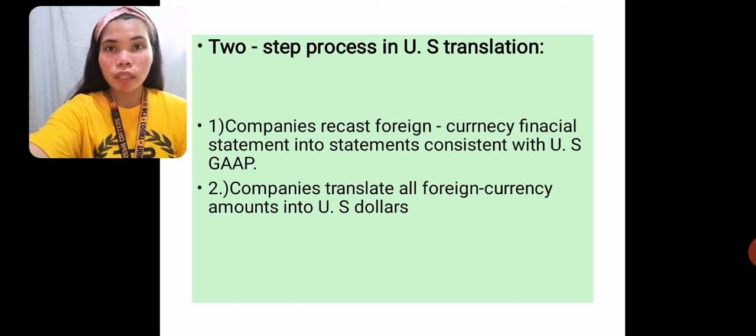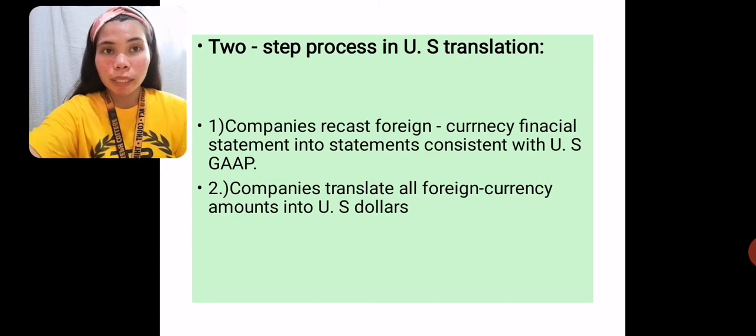For consolidation purposes, however, the resulting financial statements have to be issued according to US GAAP in format as well as content. An example of content: Brazil may require that inventories be valued a certain way. For the US consolidated financial statements, however, inventories must be valued according to US, not Brazilian, standards.